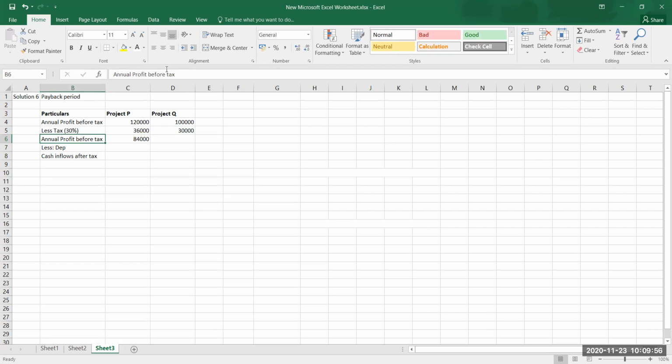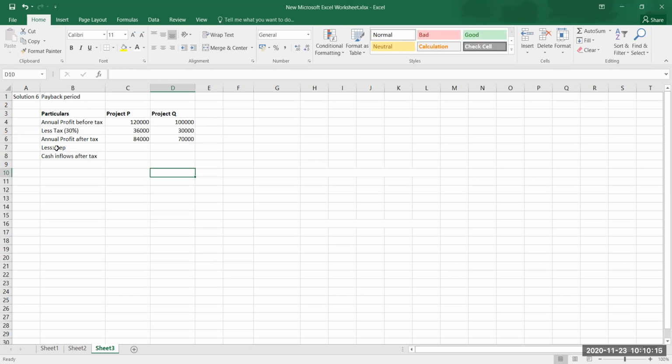This will be your after tax, or you can say EAT, that is earning after tax. And if you deduct 30,000 from 1 lakh, you will get 70,000.